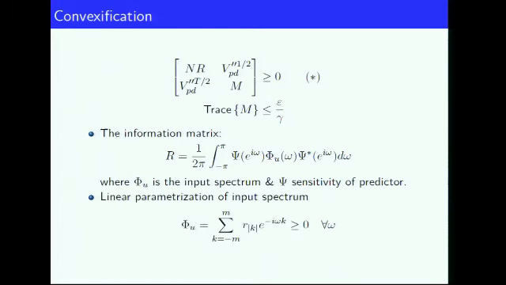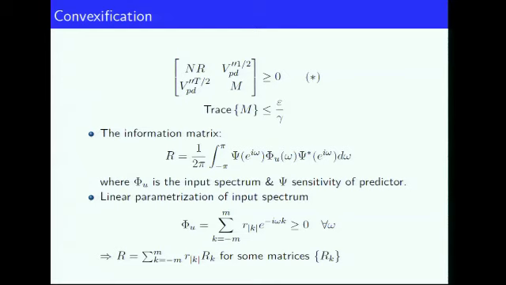And what we do now is that we parameterize the input spectrum linearly. So for example, like this. In this case, we use here a complex exponential as basis functions, and these will be our free parameters, these R's, that we will optimize over.